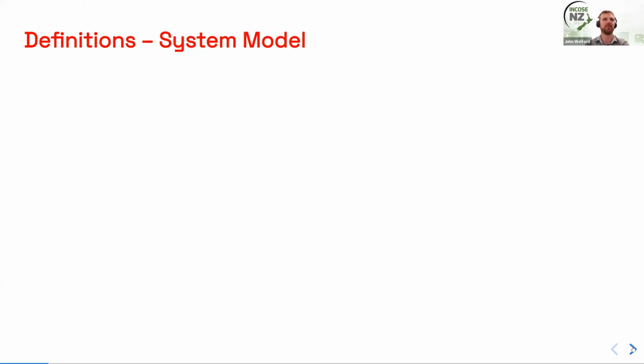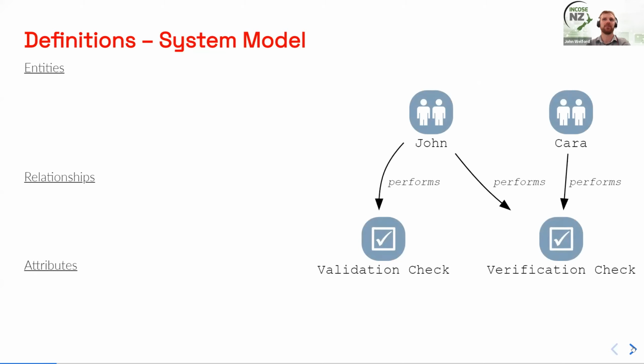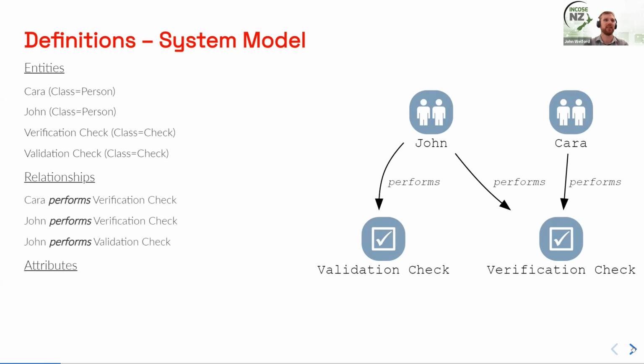And then conforming to that meta model, we might have a system model that would include one or more entities from our meta model and one or more of the relationships out of our meta model. So you can see that here we've got two class person, two class check, and they've got specific names in our model, and they've got specific relations between them, and they all conform to our meta model.